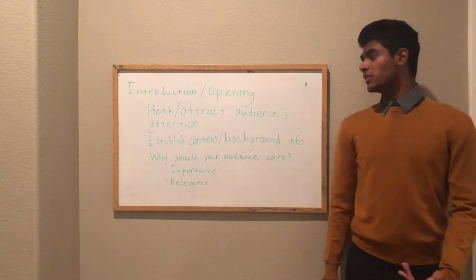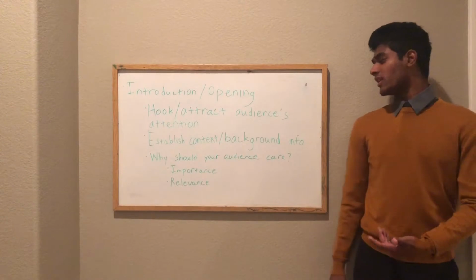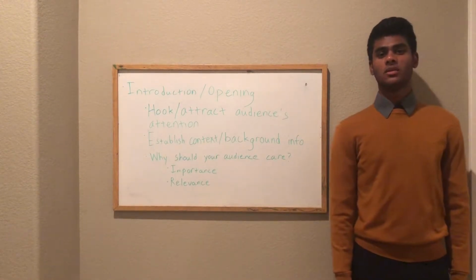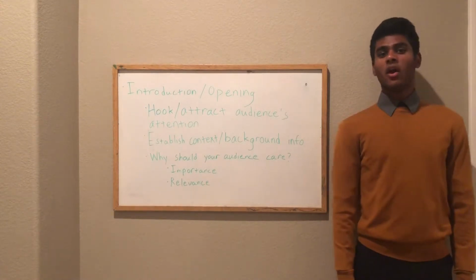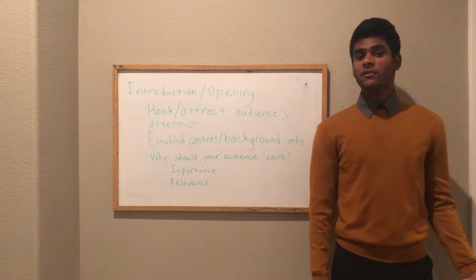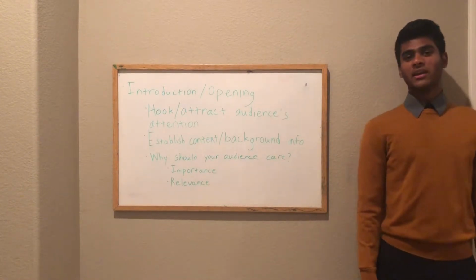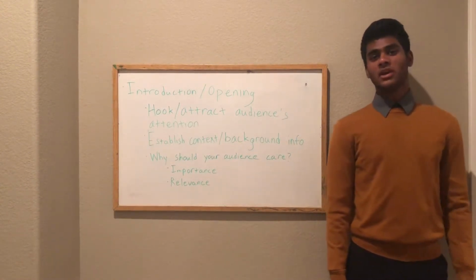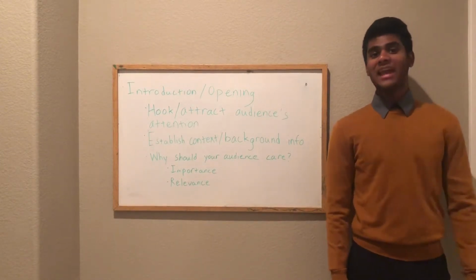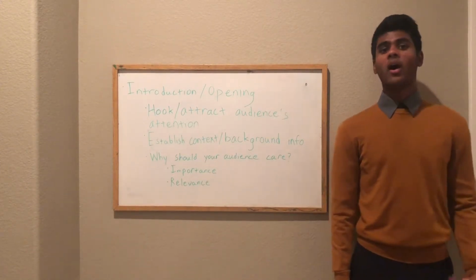The next thing you need to do is establish the context and provide some background information on the topic of your speech. Most likely, your audience does not have as good or as informed an understanding of the topic as you do. So it's your job to make sure they get as informed as you are on this topic.